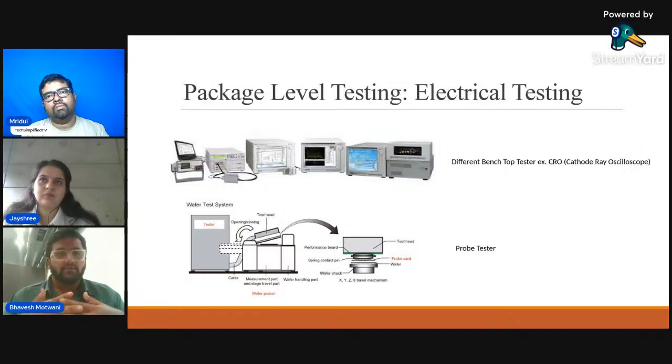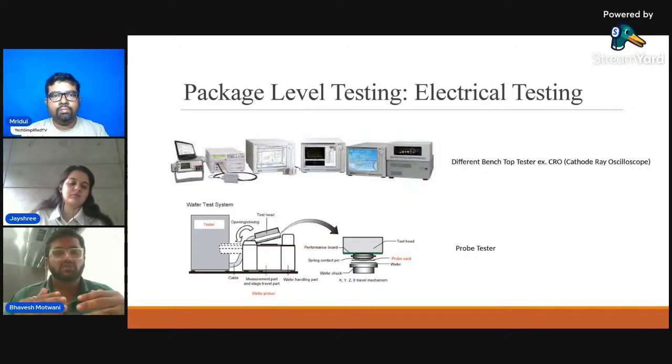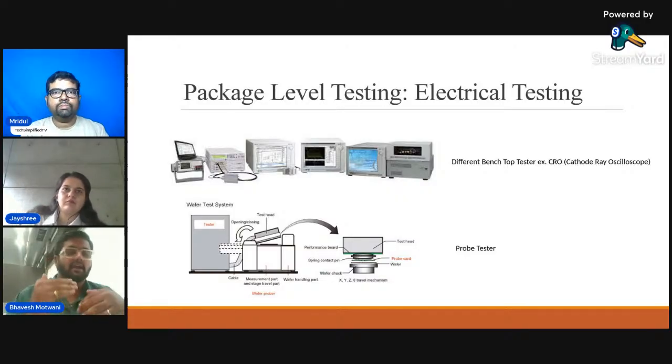So while doing all these things, we need to test it at every single level, because making a package is not easy.